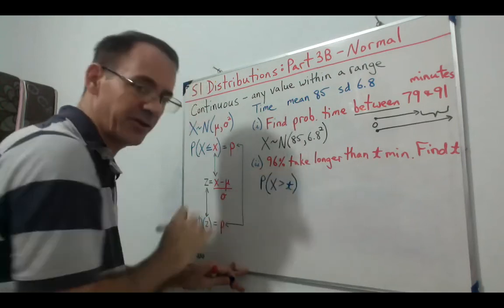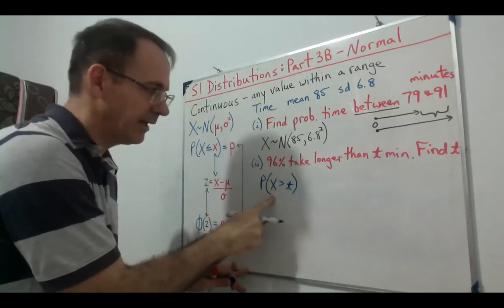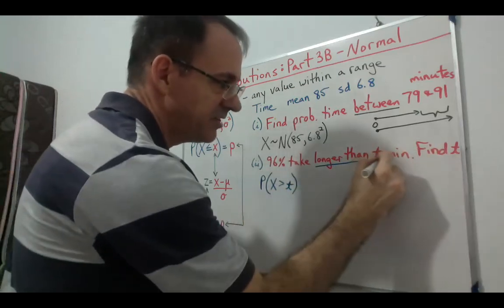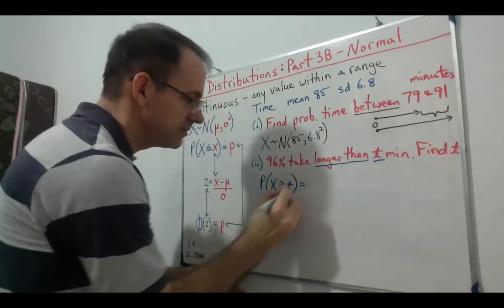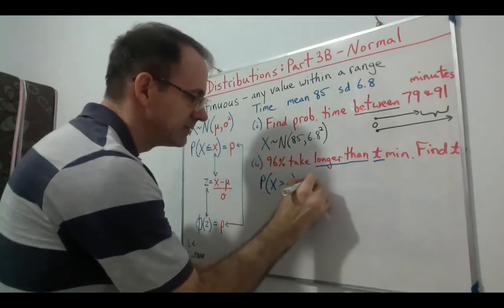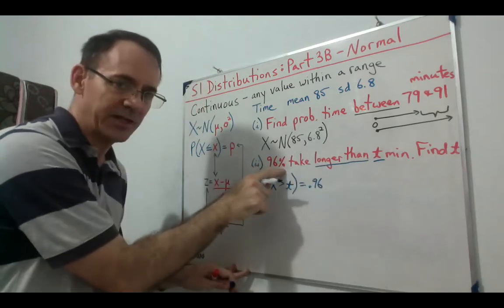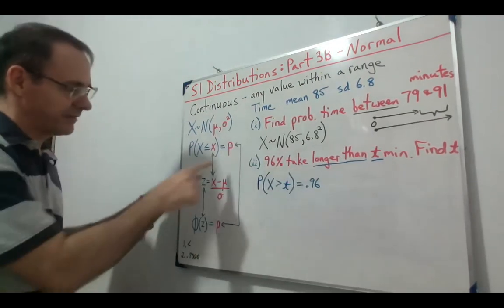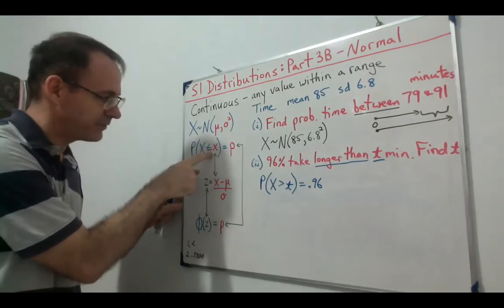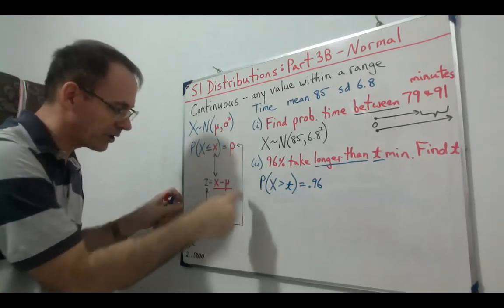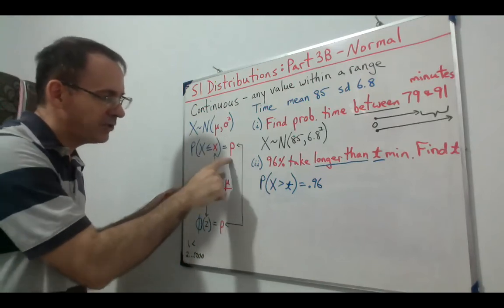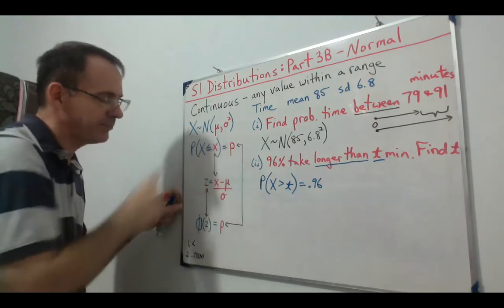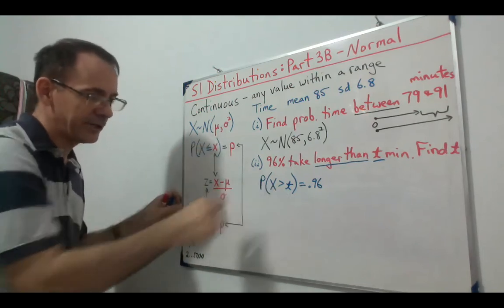And the answer to our random variable being greater than t minutes equals 0.96. 96% as a decimal is 0.96. So they've given us this. We have to find this. So we need to work backwards. We need to work from our probability to our z number and then back up to the letter t.